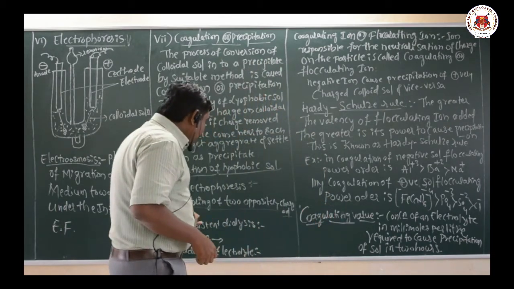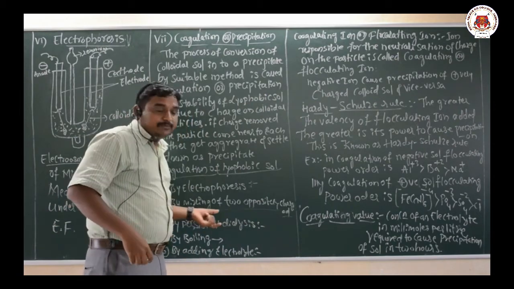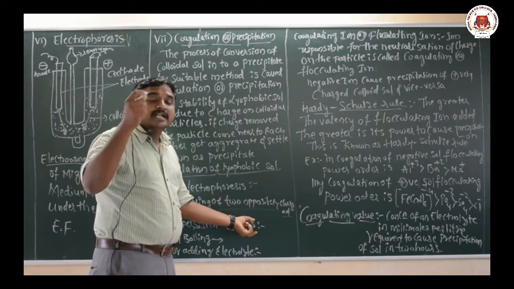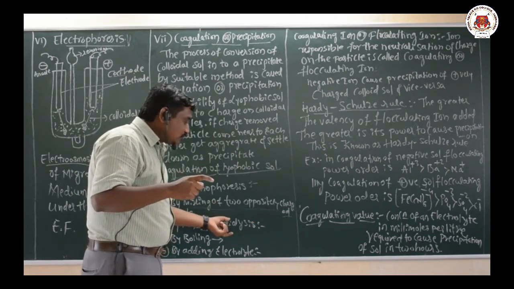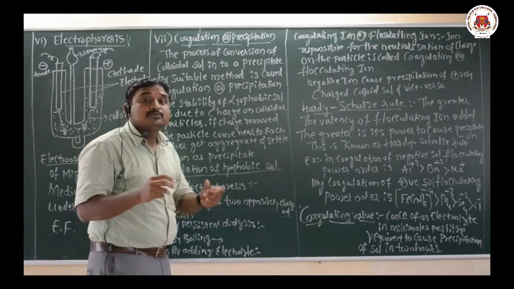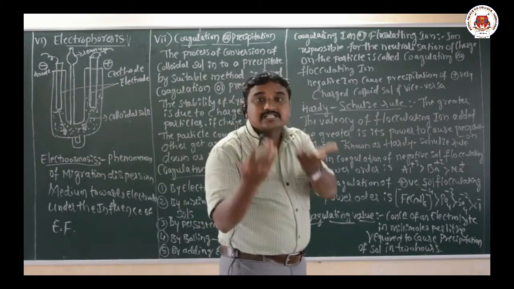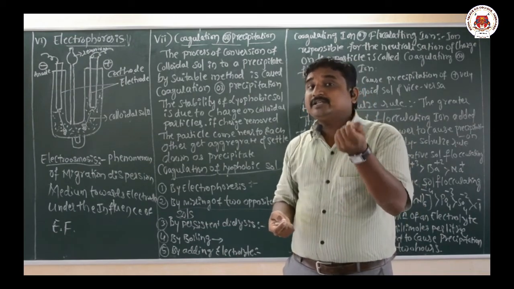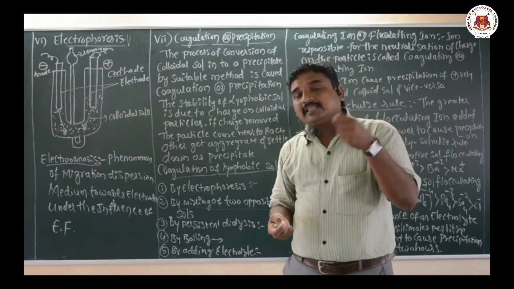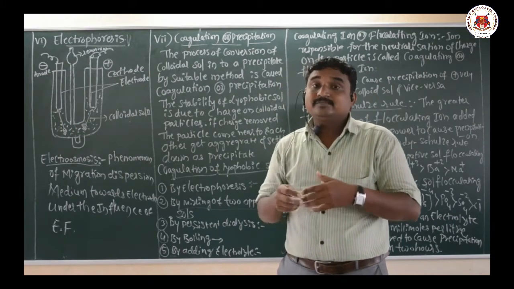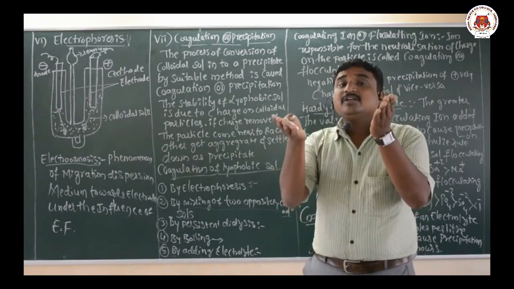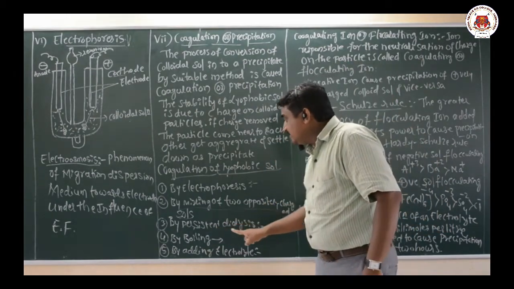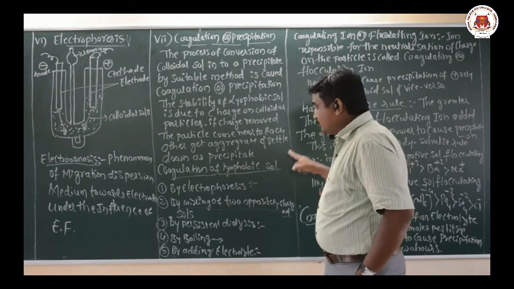But when we do continuous dialysis, even that minimum quantity of electrolyte is removed, and the colloidal particles become unstable, coagulate and settle down. So this is the third method of coagulation of lyophobic sol.